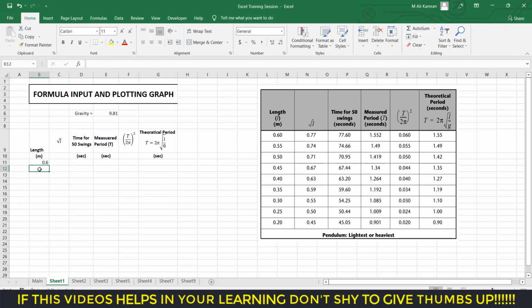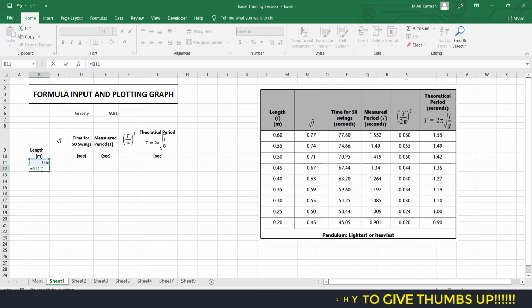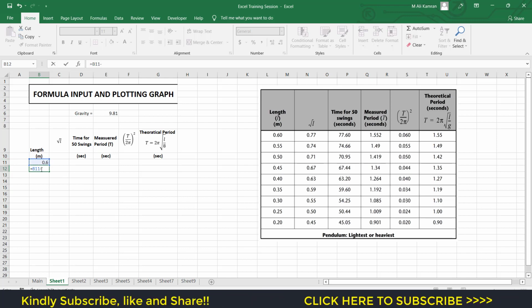So what I will do is that I will put a formula, and when we want to enter a formula in Excel sheet, we need to put equal, and then I want to subtract 0.05 from this value. So I will select this cell, and the address of this cell is B11. So that is why we have B11 in blue. So B11 minus 0.05. So this gives us 0.55.